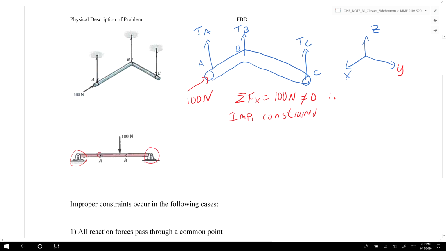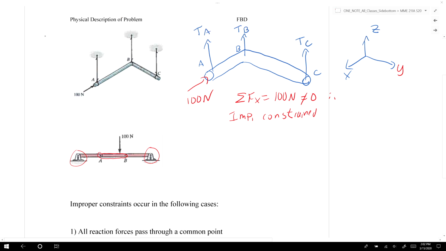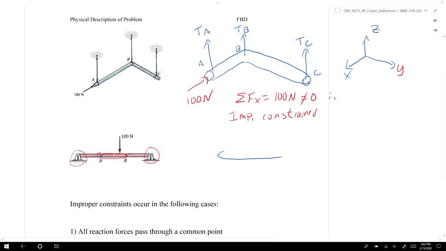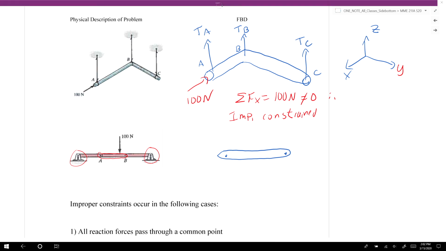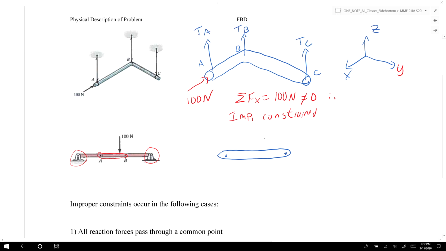If we look just at A and B here, when we draw our free body diagram of AB, we'll have a 100 Newton force acting in the negative y direction.